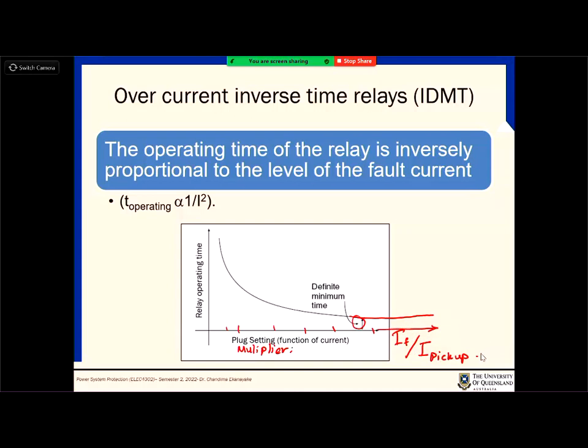If you set the pickup current to 1 amp and your fault current is 10 amps, the value is 10. If your pickup current is 2 and your fault current is 20, it is still the same point. This is a normalized graph, so we look at fault current divided by pickup current, and you don't have to have multiple graphs.